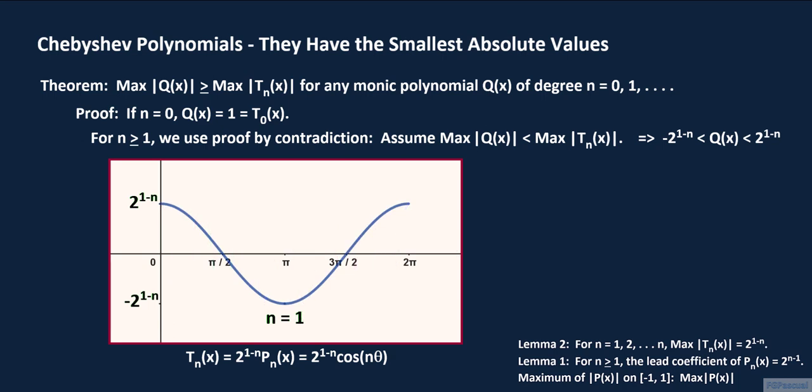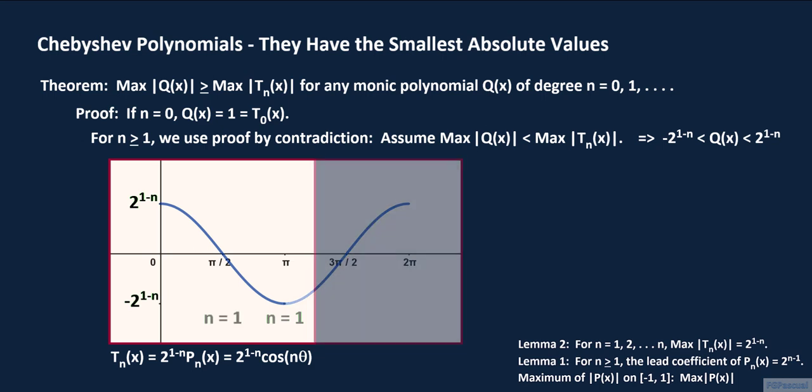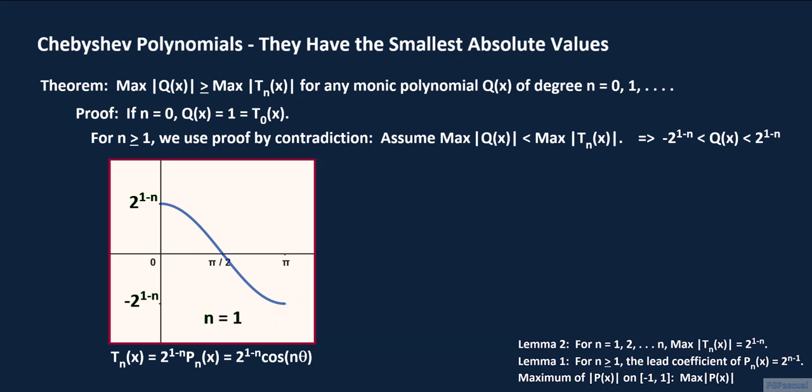Now, we are restricting 2 raised to the 1 minus nth power cosine theta to the interval from 0 to pi. And on the interval from 0 to pi, we only get half of a cycle of 2 raised to the 1 minus nth power cosine theta. And on this interval from 0 to pi, we get n half cycles or half periods of t sub n of x, or 2 raised to the 1 minus nth power cosine n theta.